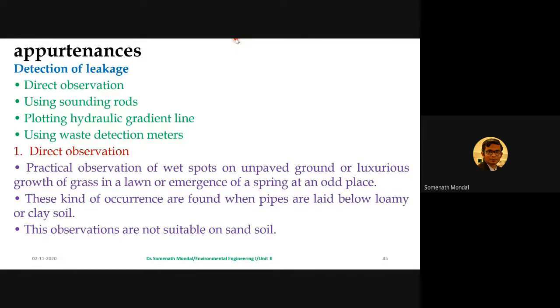Now there are different ways by which we can detect a leak. The first one is direct observation. In direct observation, practical observation of wet spots on unpaved ground, luxuriant growth of grass in a lawn, or emergence of a spring at an odd place would suggest that there is some leakage in the main water supply line. These occurrences are found when pipes are laid below loamy or clayey soil.